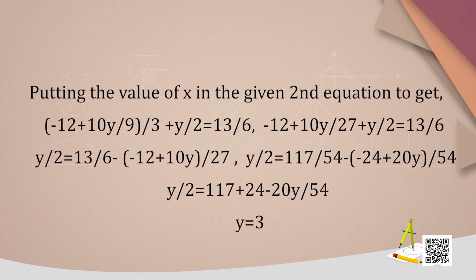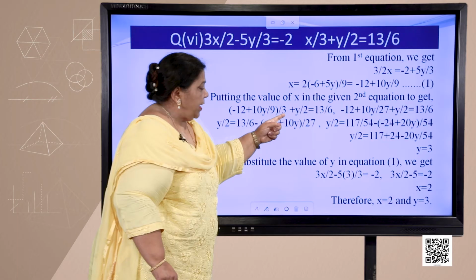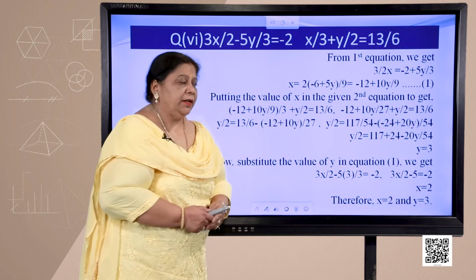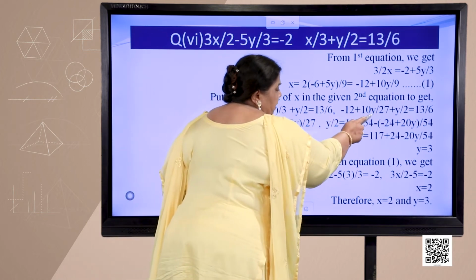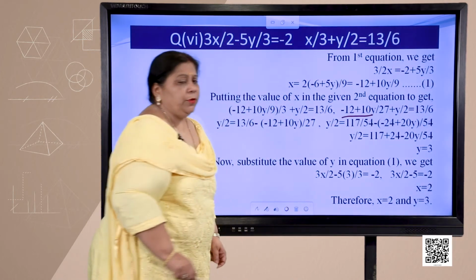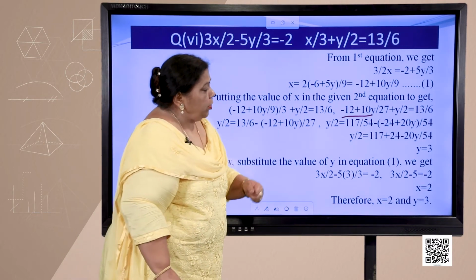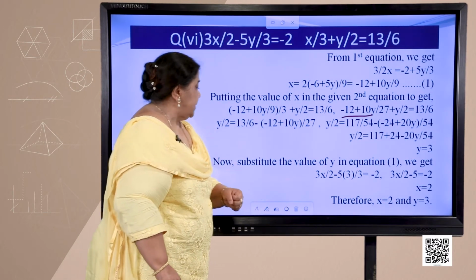This value we will be putting in the second equation: ((−12 + 10y)/9)/3 + y/2 is equal to 13/6. That gives us (−12 + 10y)/27 + y/2 is equal to 13/6.